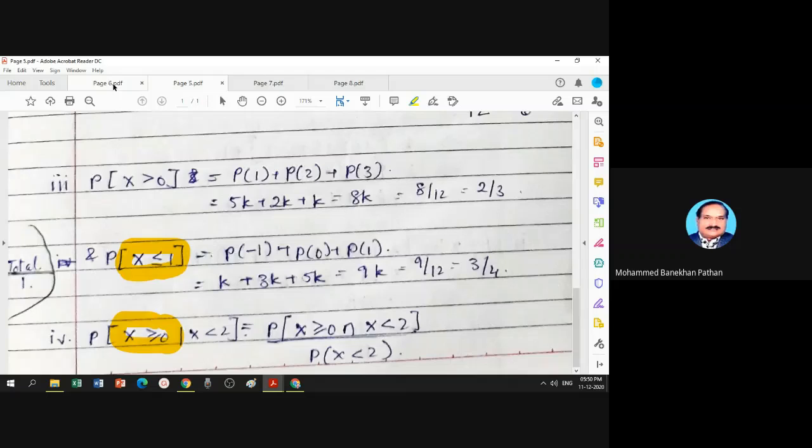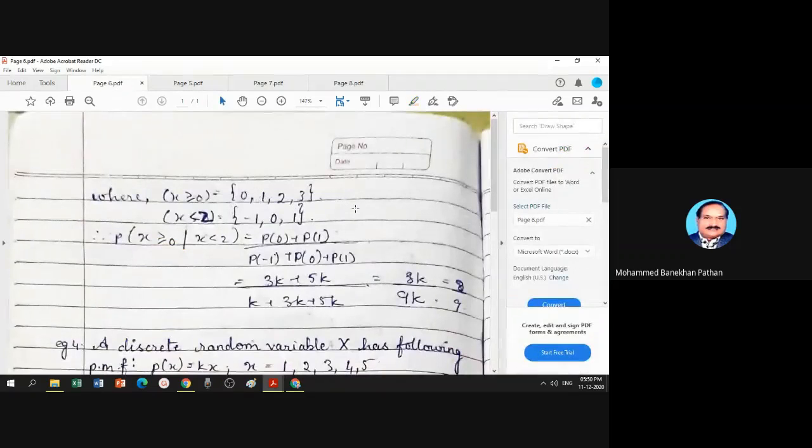So we do two calculations: X greater than or equal to 0, favorable collection is 0, 1, 2, 3. X less than 2, favorable collection is -1, 0, 1 from the table. Now the intersection quite naturally is 0, 1. So the numerator is nothing but P0 plus P1.